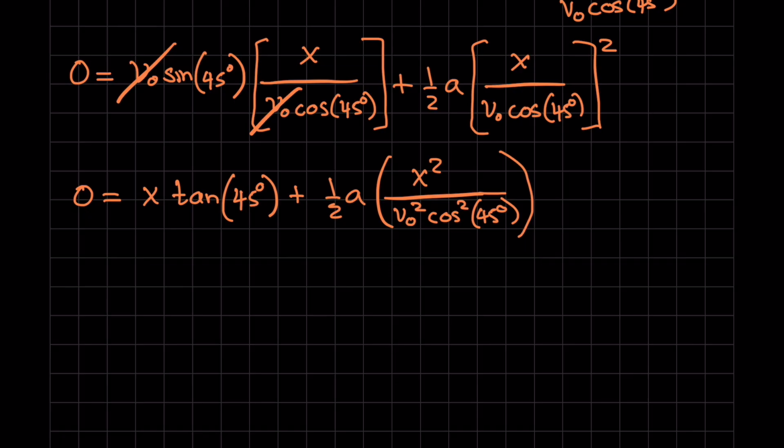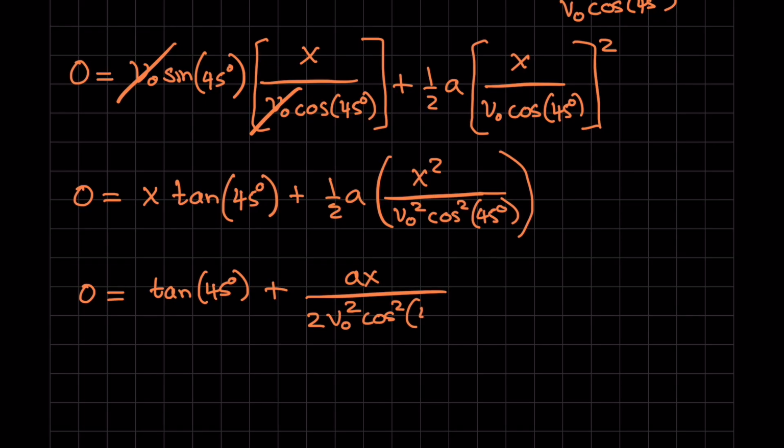Okay, now what we wanted to do to simplify a little bit is we can divide all the terms, both sides, by x. If you divide by x, you have 0 is equal to tangent of 45 degrees plus ax divided by 2 v naught squared cosine squared of 45 degrees.